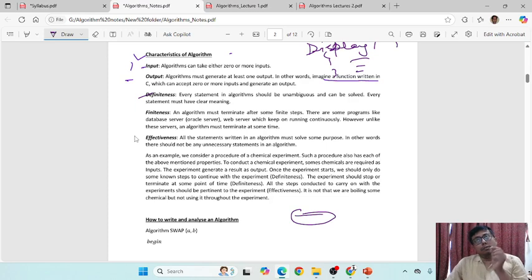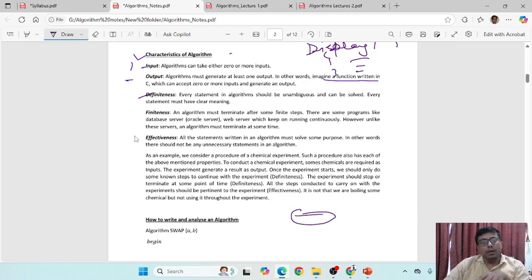That means you can interpret the internal meaning of that algorithm in one way, while another user who is studying the same algorithm for implementing it as a program will interpret a different meaning from that same statement. Statements having dual or multiple meanings are said to be ambiguous. Unambiguous means the instruction should be clear and have a single meaning.